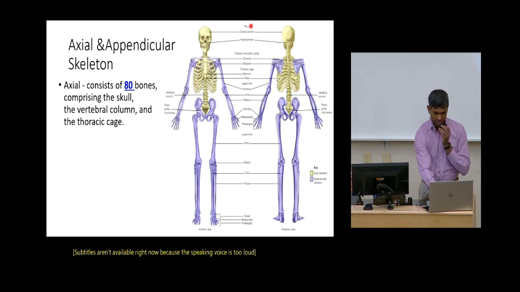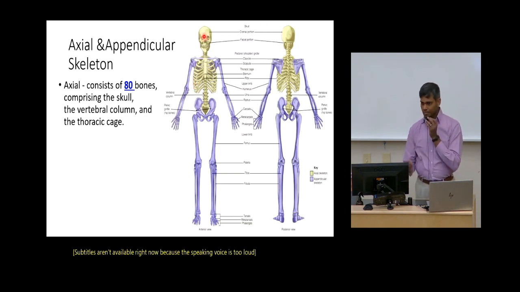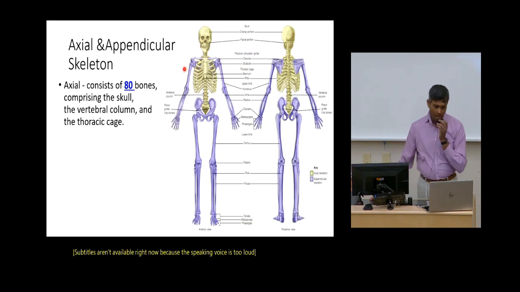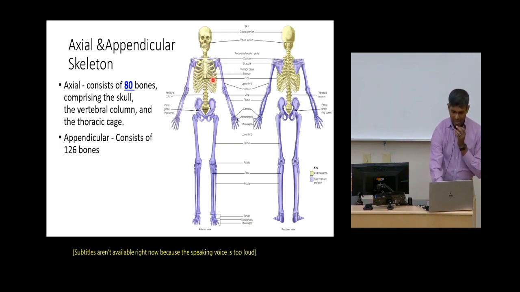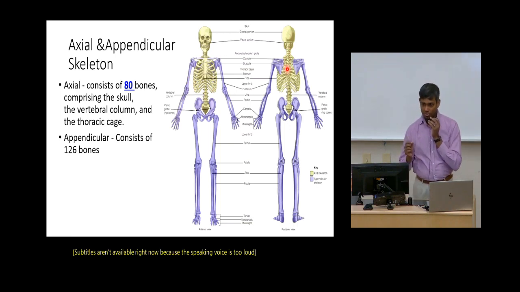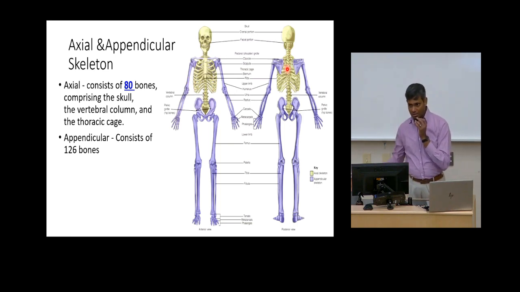For example, the brain is housed in the skull, the spinal cord is in the vertebral column, and the heart and the lungs are in the rib cage, so this offers protection for some vital organs. We see that the appendicular skeleton refers to all of the bones which make up the upper limbs and the lower limbs.